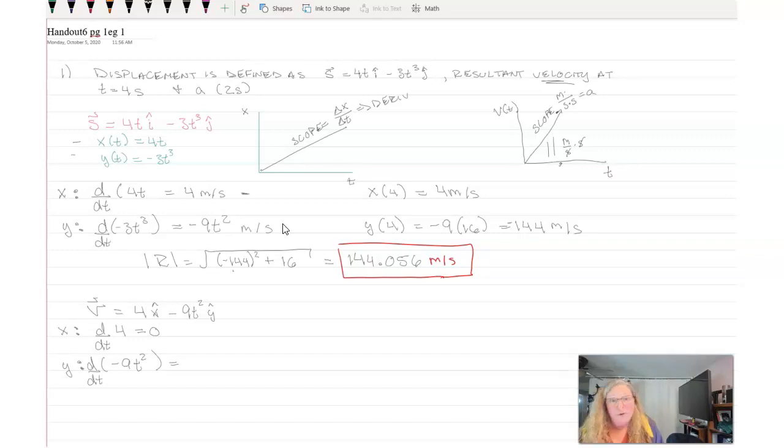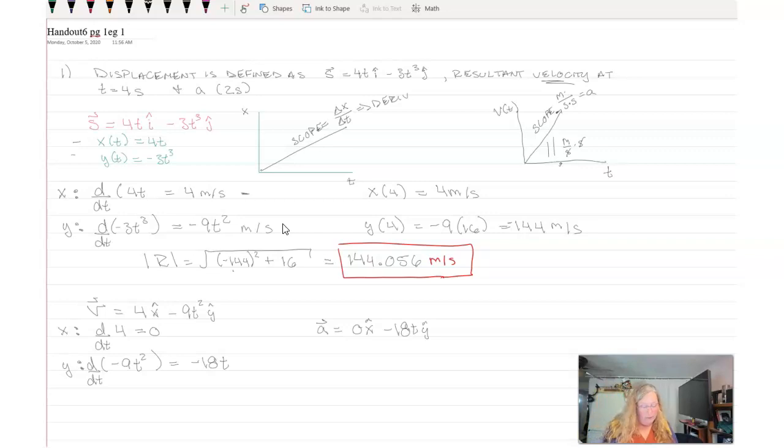Pull the 2 down, I get negative 18t, 2 minus 1 is just 1, so my acceleration is described as negative 18t. Therefore, my acceleration vector would be 0 in the x-hat minus 18t in the y-hat.